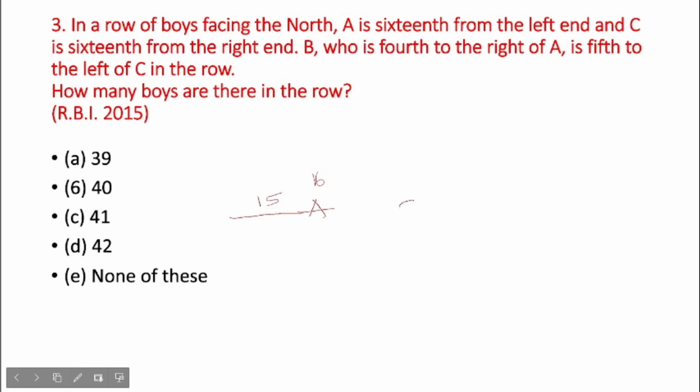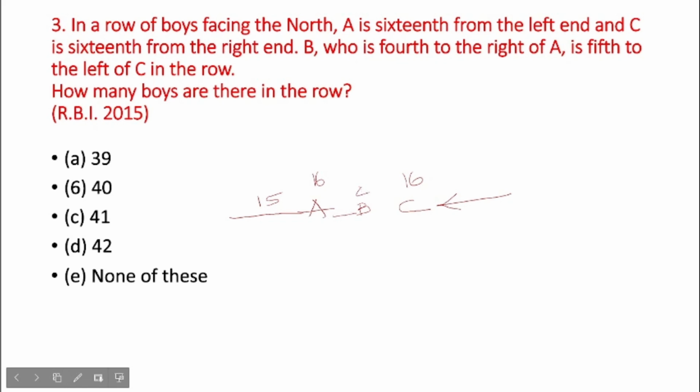C is also 16th, but from the right end. Now B is fourth to the right of A, and fifth to the left of C. So B is right of A and left of C. That is, B is in between A and C. So B's position from A is fourth to the right of A.